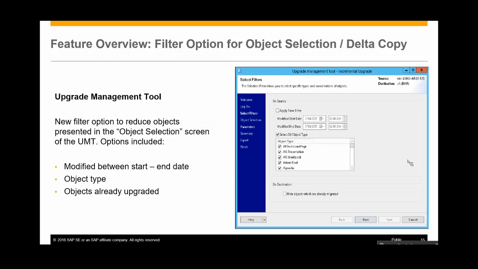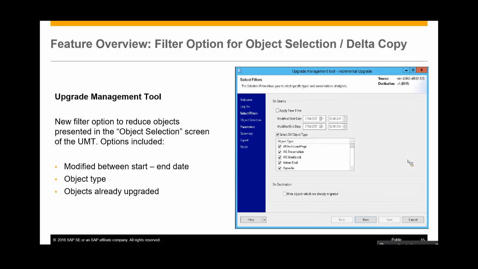The various combinations can be specified based on a time parameter, by which you can look at objects migrated between a certain date and a certain date. You can also use object type as a parameter and look at only certain object types which have to be taken further.